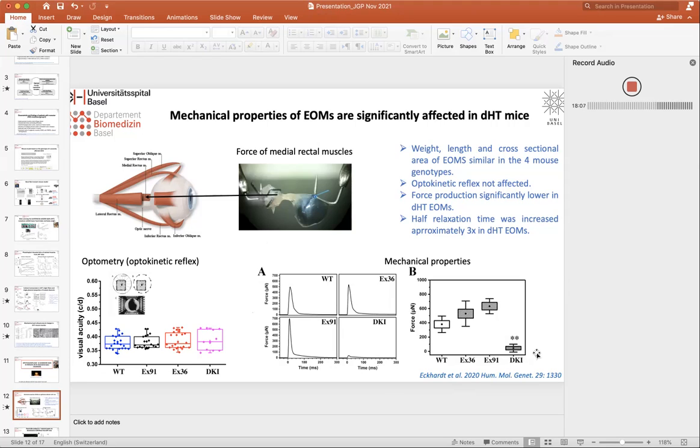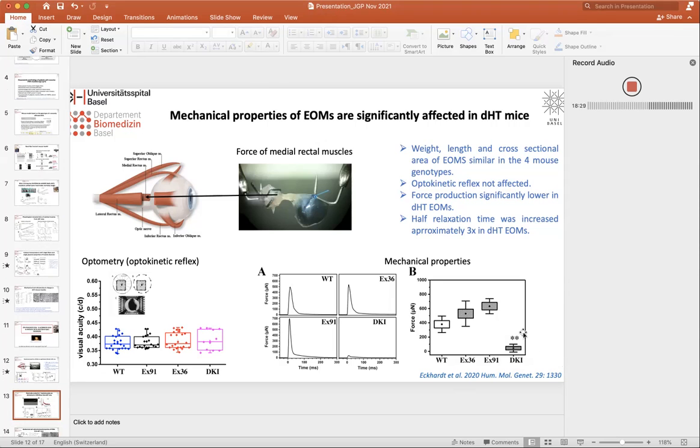You could see here a cumulative statistical analysis. There's barely any force that's developed. This is very similar to what we were seeing in EDL and soleus muscles. We also showed that the weight, the length, and the cross-sectional areas of the extraocular muscles are the same in all four genotypes. So clearly the extraocular muscles are also affected.